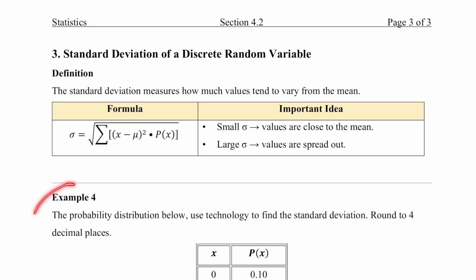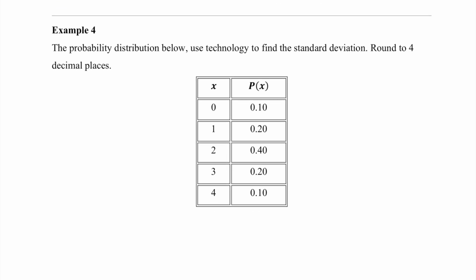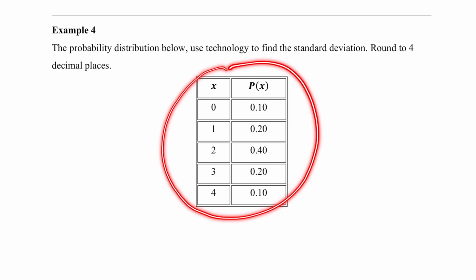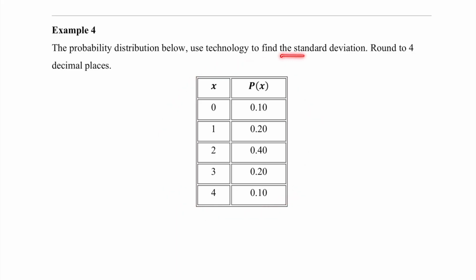For this example, we are going to use the TI-84 calculator to find the standard deviation and focus on interpreting the result. We're given the probability distribution table, and we're asked to find the standard deviation using technology.